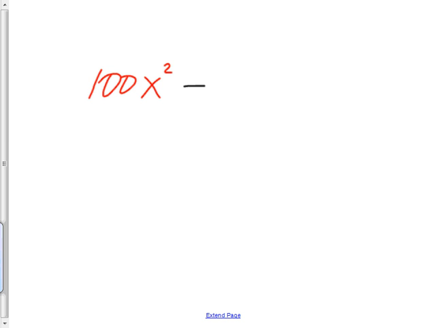All right, so let me think here. What would be something I could put over there that would make this work nicely? There we go.